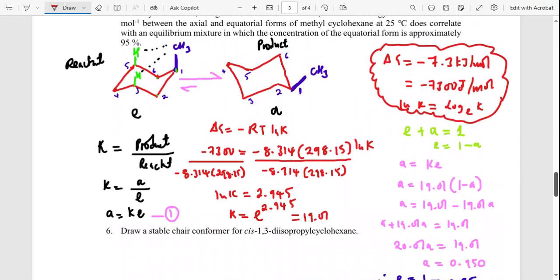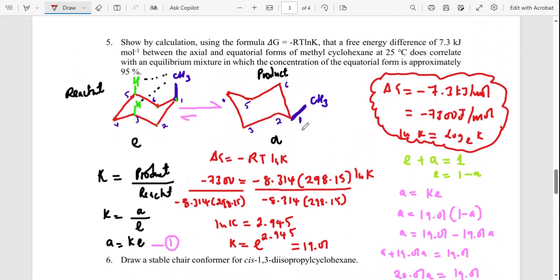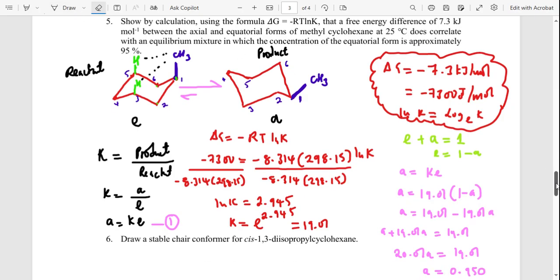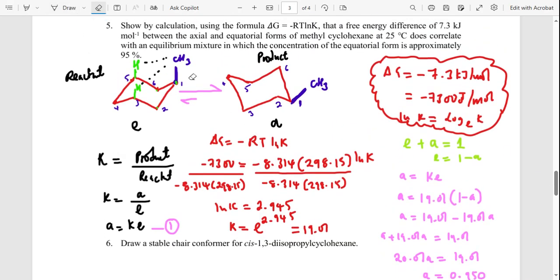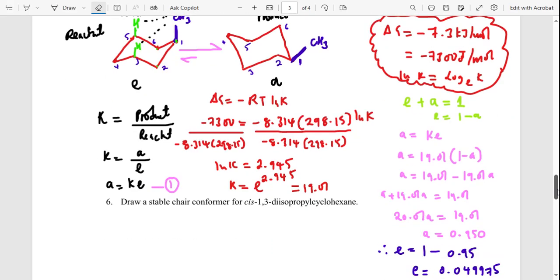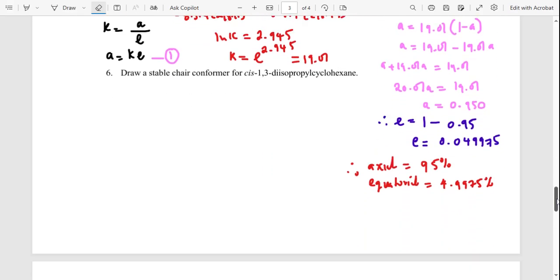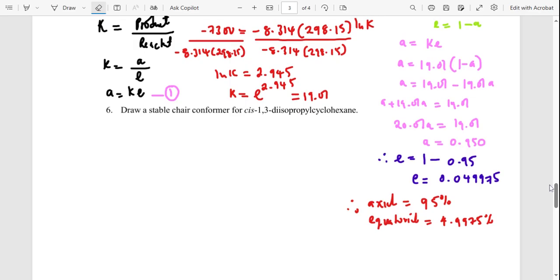I just swapped this again. The most stable form is the equatorial, not the axial. This is the one that I said is very, very unstable, because of the 1,3 diaxial interactions. I even mentioned the 1,3 diaxial interactions. I wonder why I put that as the equatorial. So this guy is actually going to be going in the backward direction. So the most stable structure is actually the one in the equatorial.